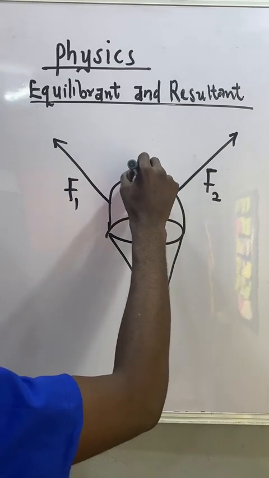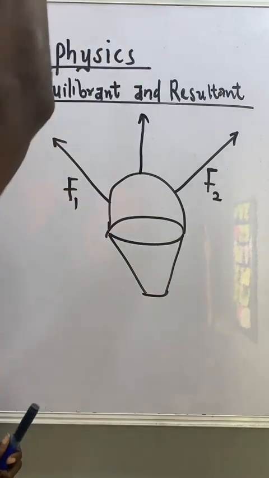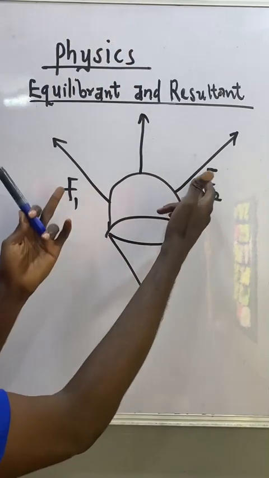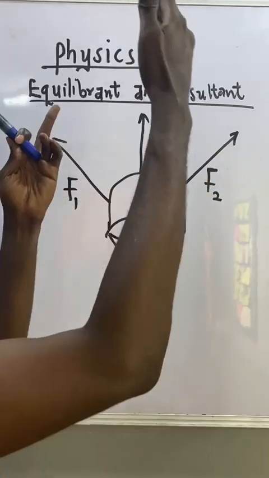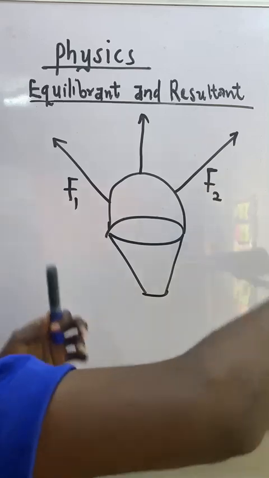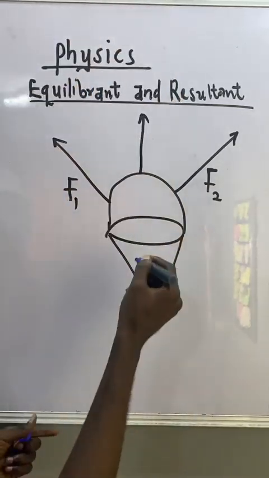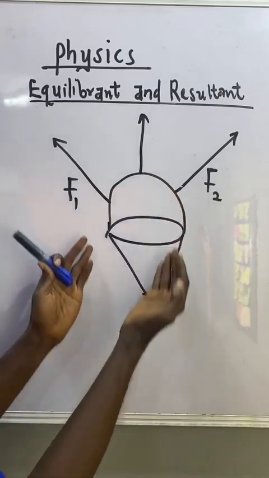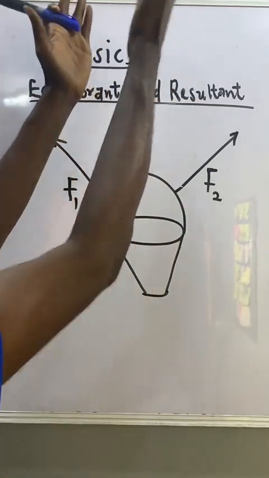So that means there is a force that is taking it up, because the two men, no matter where the direction is coming from, since their intention is to lift it up, no matter how their hands are, they will still lift this up. So the overall effect of these two forces is to pull this pail up.